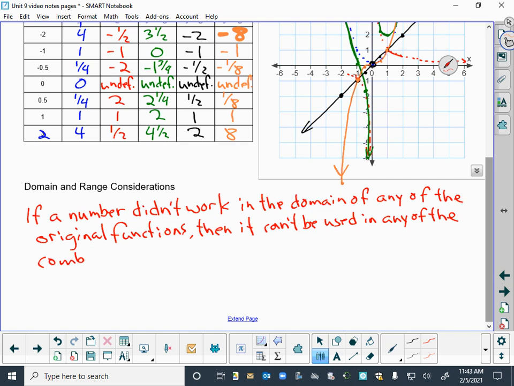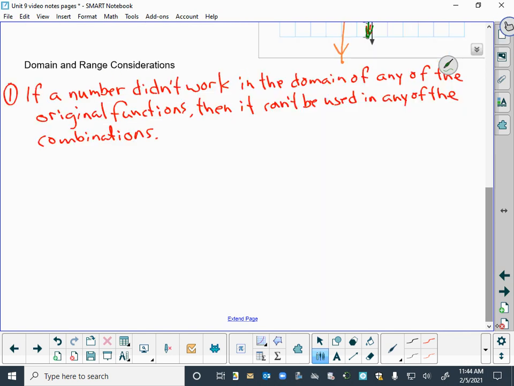So the basic idea there is that you've got to look at all of the original functions that may be involved in the combinations, and if they had domain restrictions, things that we couldn't use, then we have to continue to stay with that, even if it looks like they might cancel out.